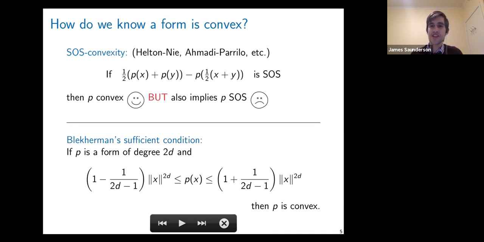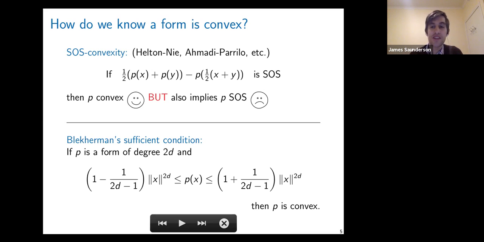So instead, we're going to look at a different sufficient condition for convexity. And in fact, this is the sufficient condition for convexity that Greg uses in his existence argument. So it's probably a reasonable place to start. So what does this say? This says that if I take a form P of degree 2d, and it's bounded above and below by the sum of the squares to the power d with some scaling, then the form is convex.